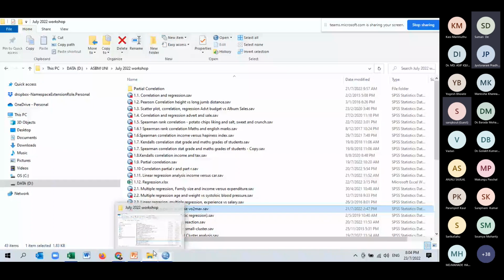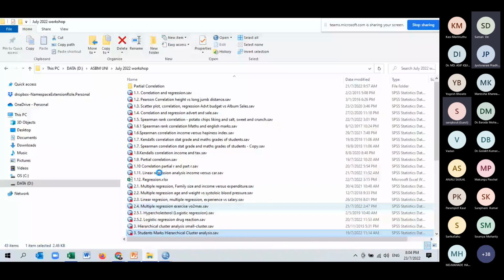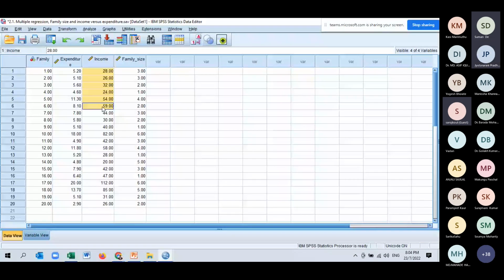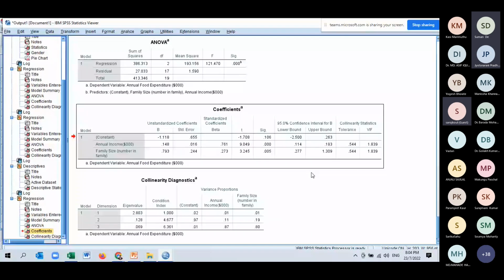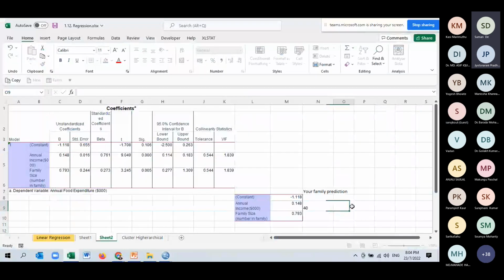Our data's original unit is presented in dollars, income in $1,000. The same unit we need to put, please remember. So, $40,000 annual income, and your family size is 5 members.